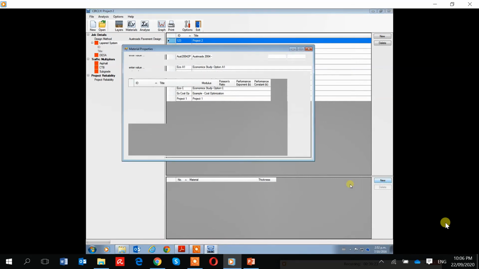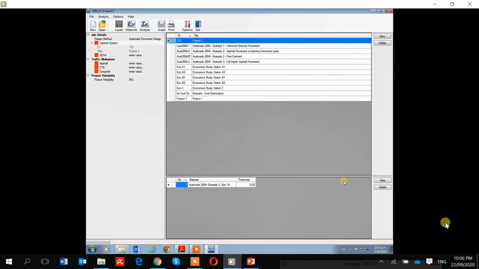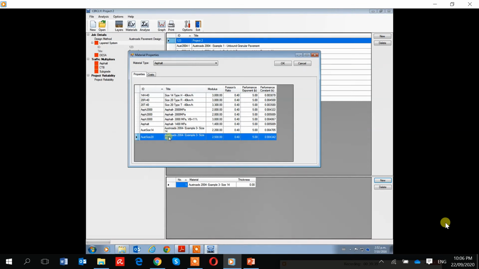The first layer I'm going to use is size 14 asphalt, with a modulus of 2200. The second layer is size 20 Austroads 2004 with an E of 2500.